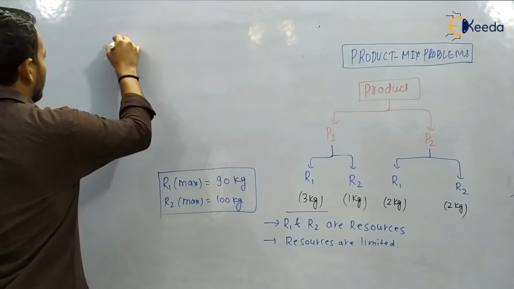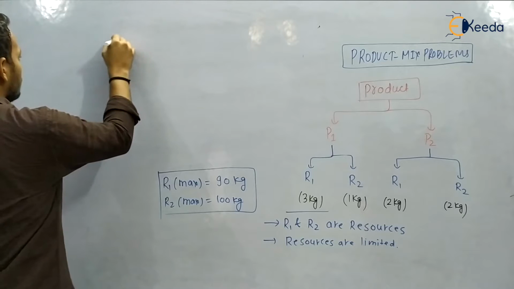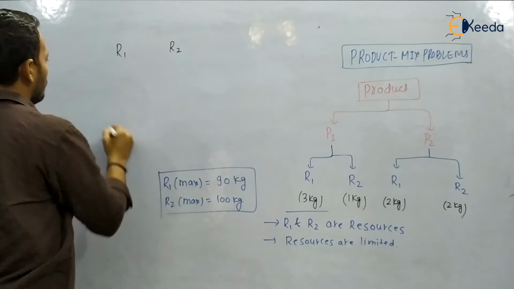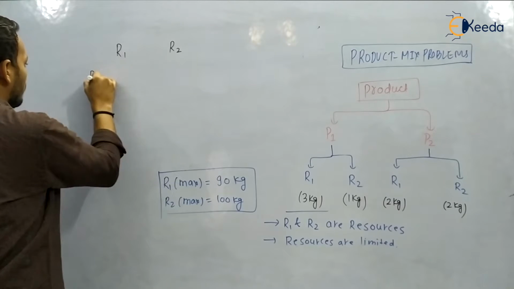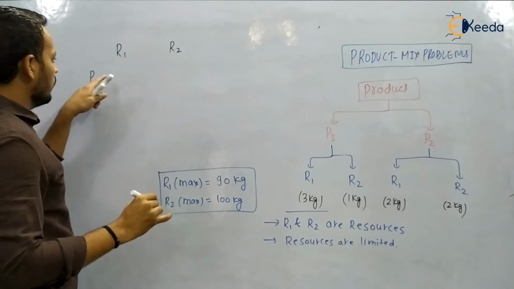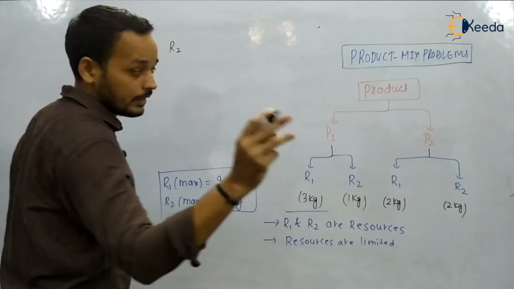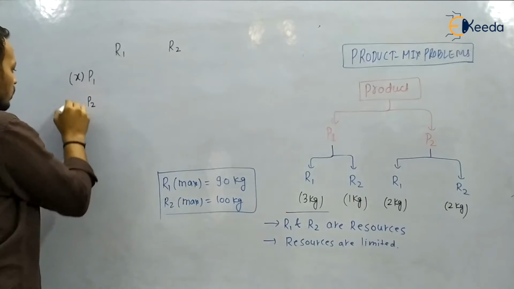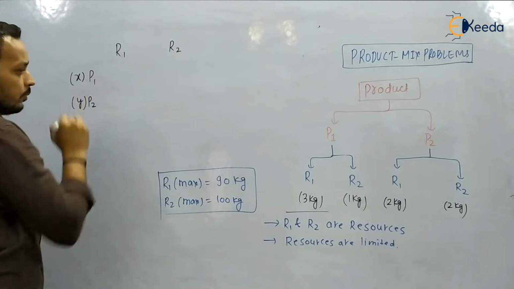So again I am writing: we have R1 and R2, and we have products P1 and P2. It says that 1 unit of P1 requires 3 kg of R1, so we can assume that we are going to make X units of P1 and Y units of P2.